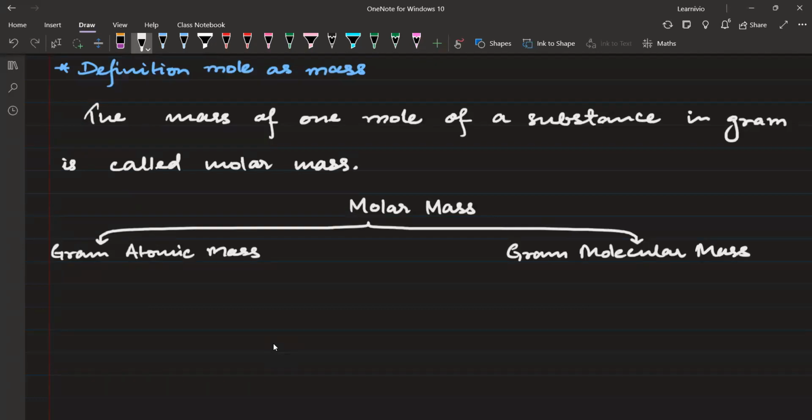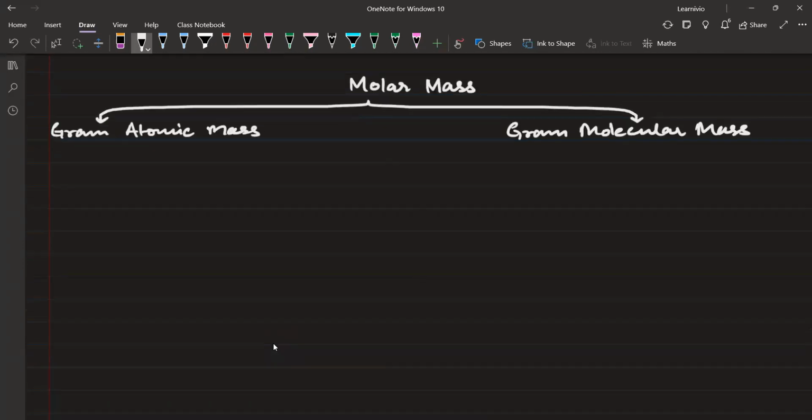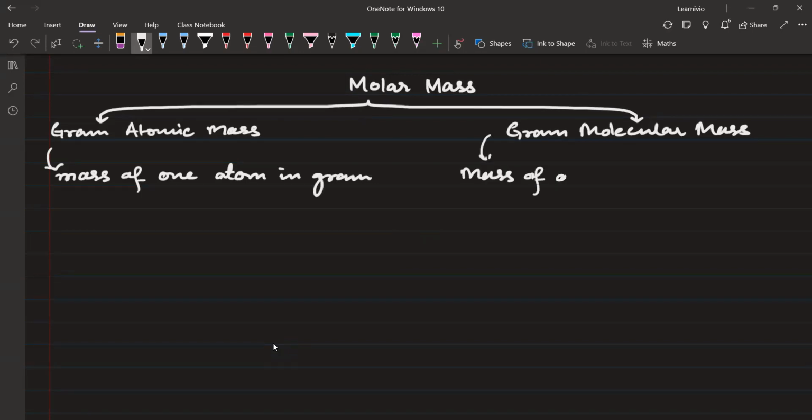Atomic mass is given in AMU, आप उसी को हटा के लिख दीजिए, ग्राम लिख दीजिए, ठीक है। Mass of one atom in gram. Similarly, ग्राम मॉलिक्यूलर मास क्या है? Mass of one molecule in gram.